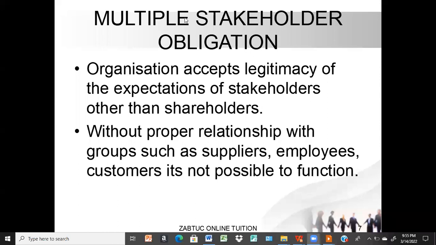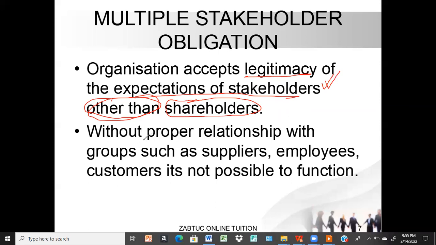What does it look like? So in terms of responsibility, the organization accepts the legitimacy of expectations of stakeholders other than shareholders. So being socially responsible here is saying we'll go beyond shareholder interests. We'll look at other stakeholders.